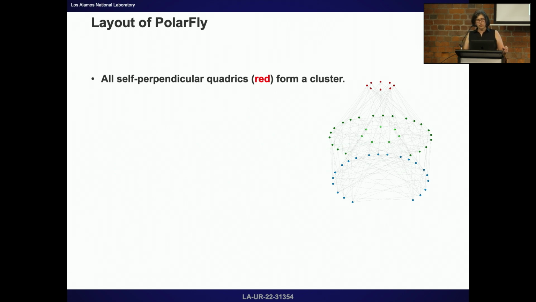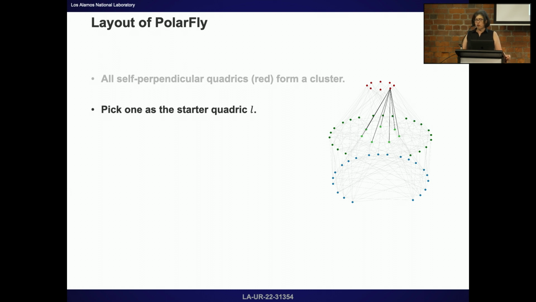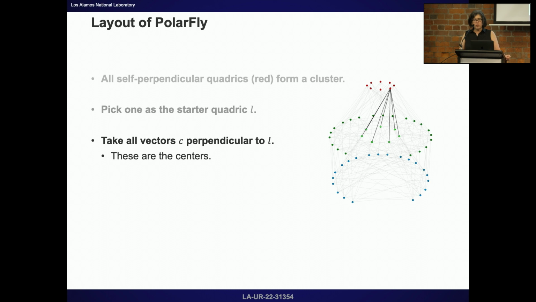So you start with all the self-perpendicular quadrics, and they form a cluster. And in this graph picture, I put those up on top. Pick one of them as the starter quadric, and take all the vectors that are perpendicular to that starter quadric, and those are the centers.